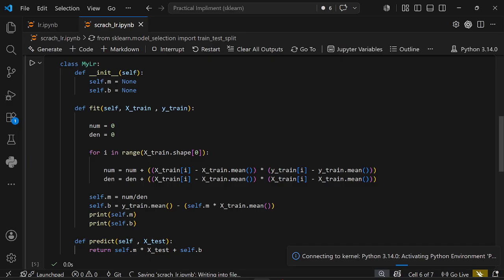Let me see if it works. Why is it behaving like this?